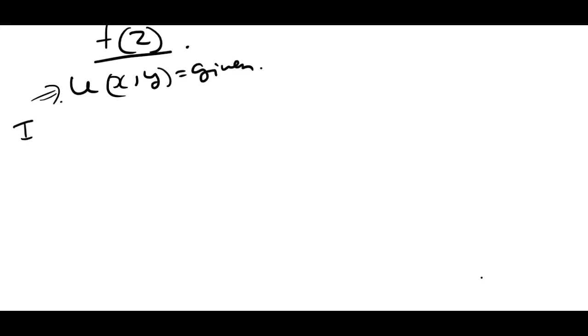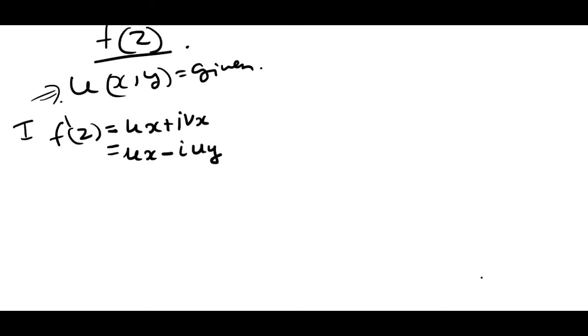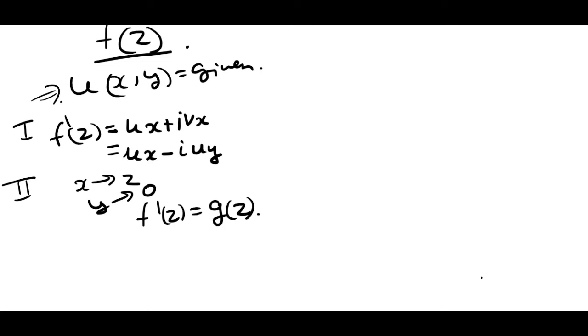Okay, now we are going to find f(z) when only u is given. Step 1 in this case would be differentiating f(z), which is f dash z, equal to ux plus i vx. We are going to differentiate f with respect to x. And then by using the CR equation, we will write ux minus i uy. Then in step 2, we are going to replace x by z and y by 0, and then our function will become, let's say, g(z).